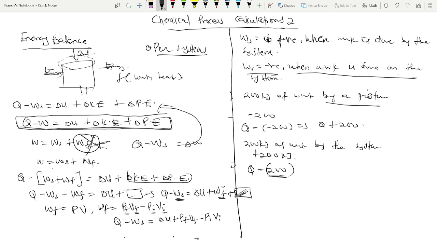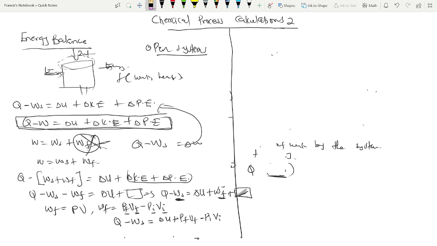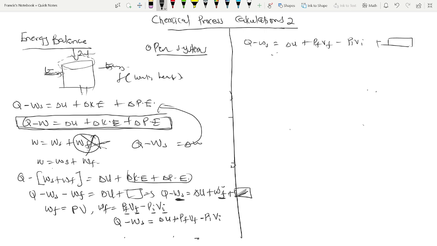So let's neglect our kinetic and potential energy terms. So Q minus Ws is equal to change in U plus PFVF minus PIVI. We have our other terms there, but we are neglecting the kinetic and the potential.